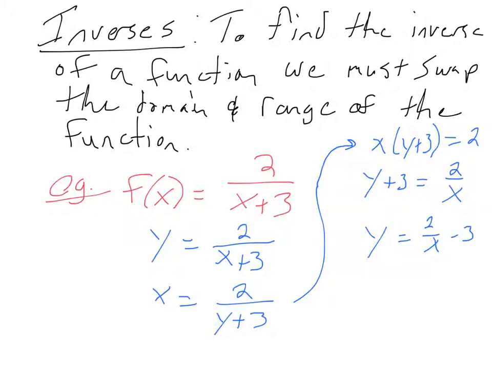And we could write this as a rational function by combining this into a single fraction, so we get 2 minus 3x over x. Right? So that function is going to be the inverse of 2 over x plus 3. So on the next page here, let's go ahead and graph both of these and see what type of relationship they have to each other.